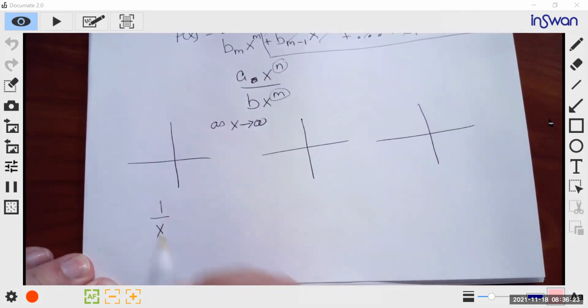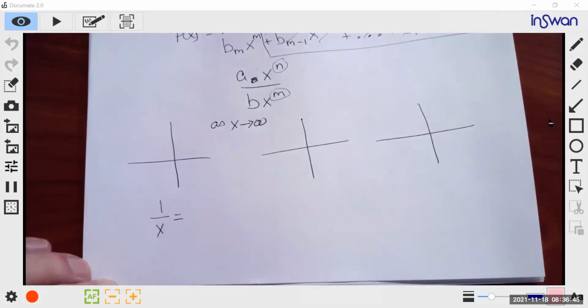So the first one, 1 over x. As x gets bigger, where does this number go to? Where does it approach? One over 1, 1 over 10, 1 over 100, 1 over 1,000, 1 over 1,000,000.